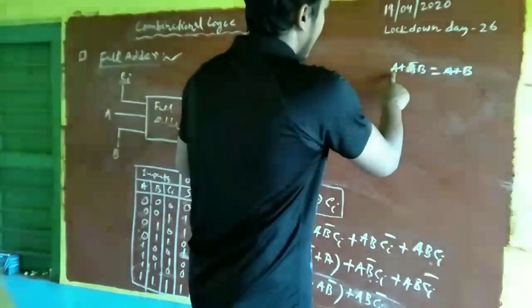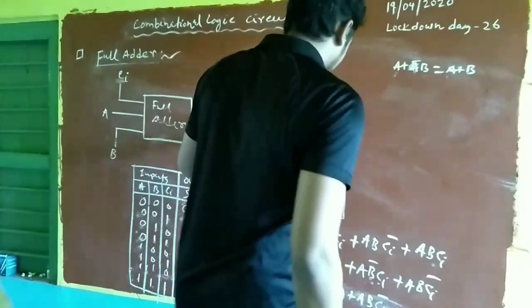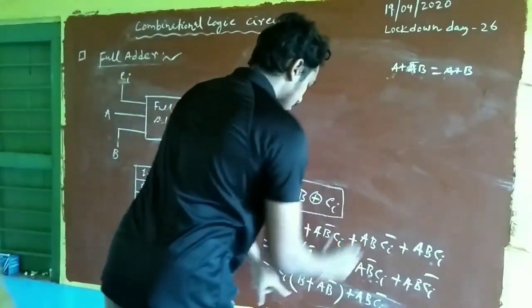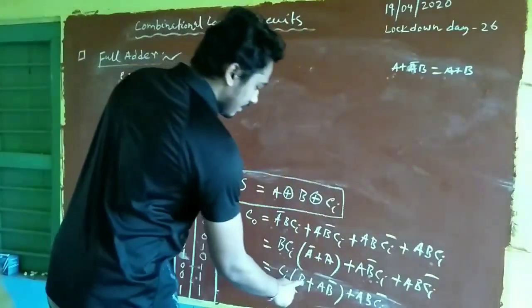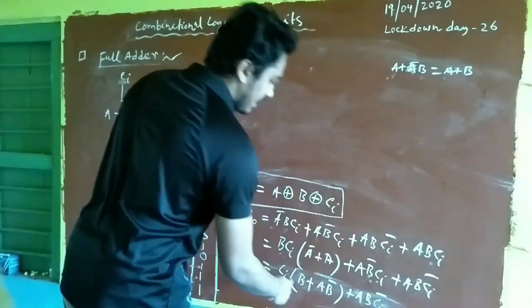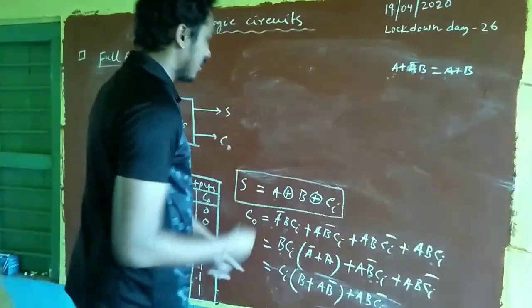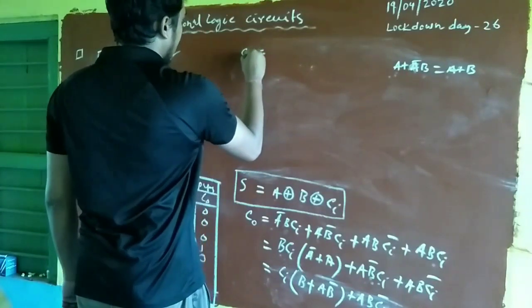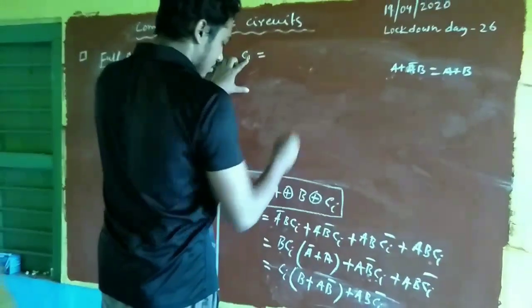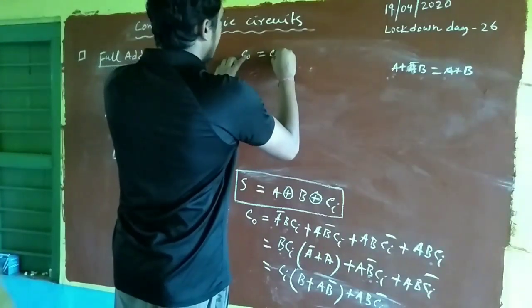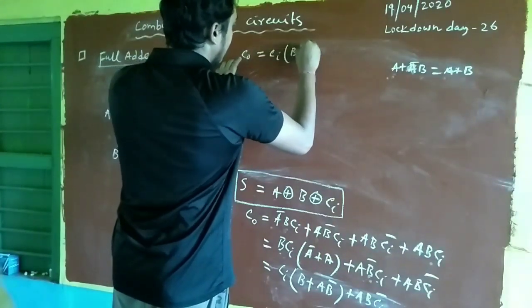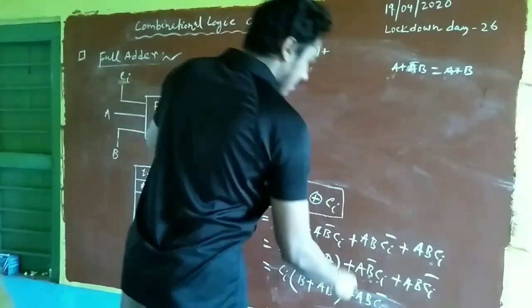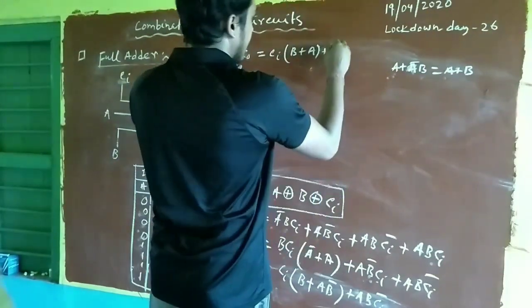So if you compare this expression with this one, B plus B bar A is the same, that is B plus A. So C out is equal to Ci into B plus A, and the last term we write as it is, A B Ci bar.